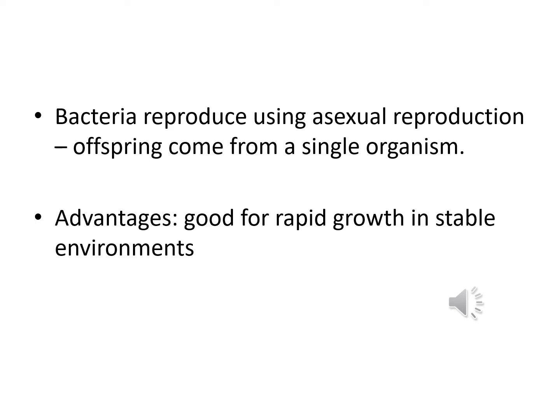Not the stable where you park your horsey, but a stable, continuous, same environment. As long as you've got the same environment, it's great that you've got the same genetics. And generally, the bacteria can reproduce very quickly, so it's good for rapid growth in stable, normal, unchanging environments.